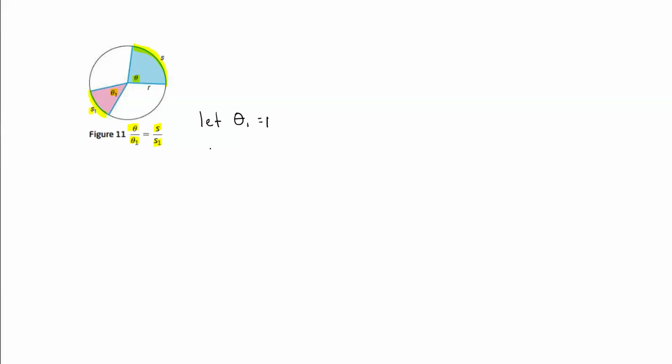If we let theta 1 equal 1, then that's 1 radian. Okay, because remember we're measuring our angles in radians now. Okay, so let's reset this here. We're letting theta 1 be 1, so that makes this very simple.